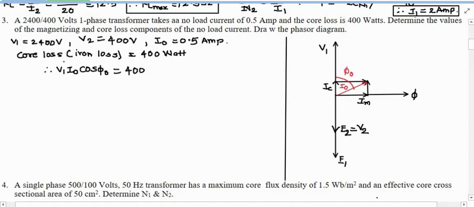So I will put the values here. 2400 into 0.5 into cos of phi 0 equals 400. Therefore cos of phi 0 you will get as 1 by 3, and hence phi 0 you should get equal to 70.5.